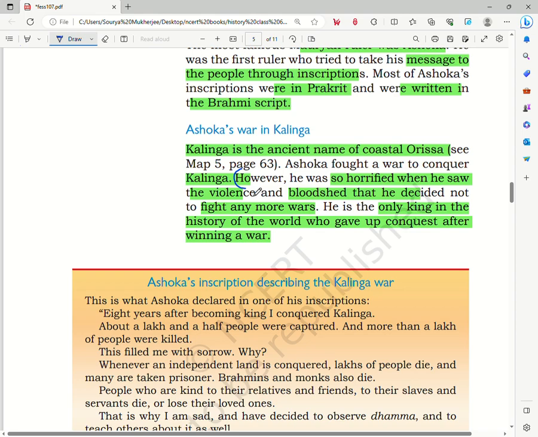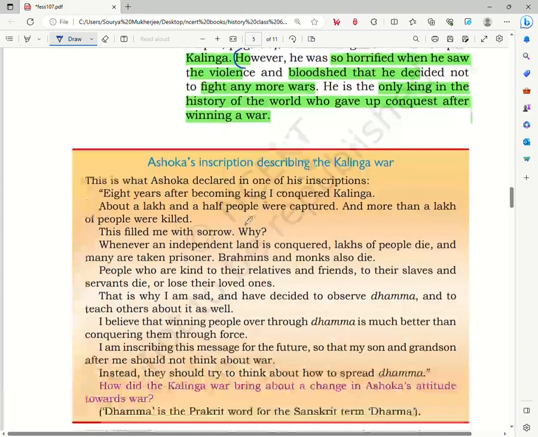But we get to know about this from the inscriptions that we have found, and for now it is believed that he had maintained the army after the Kalinga war, but he did not use it in an aggressive way anymore. So let's continue.